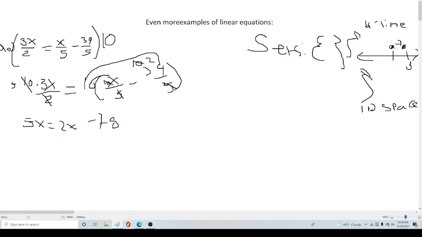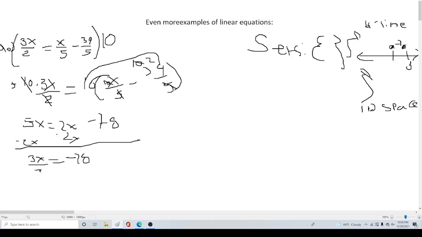We solve this now. What we're going to do is subtract 2x from both sides to isolate the variable. 3x is equal to minus 78.